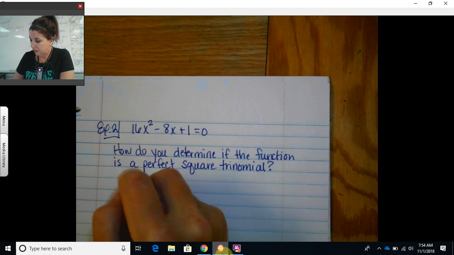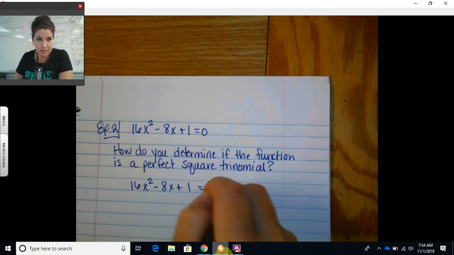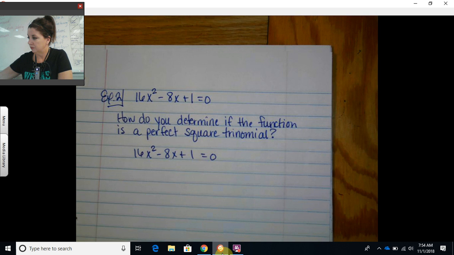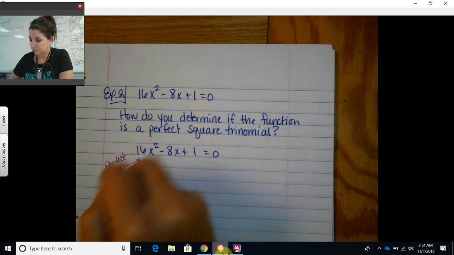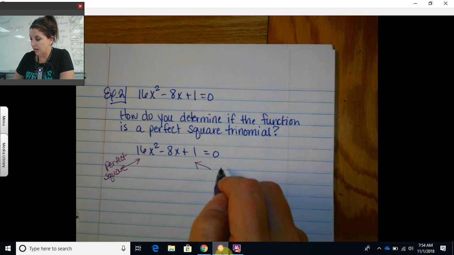I could have just not written it above, but I already did, so what do you do? So, first term must be a perfect square. The last term, your C, your constant, must be a perfect square.